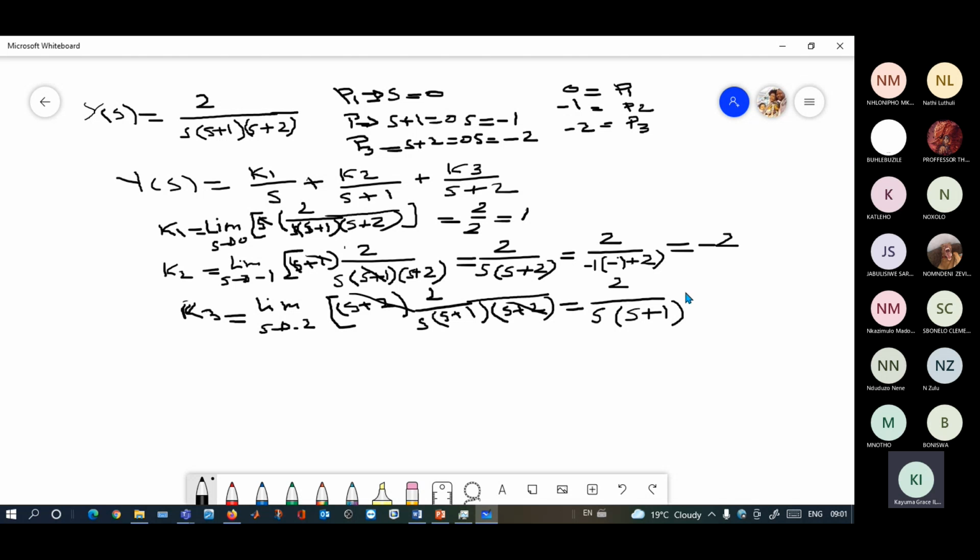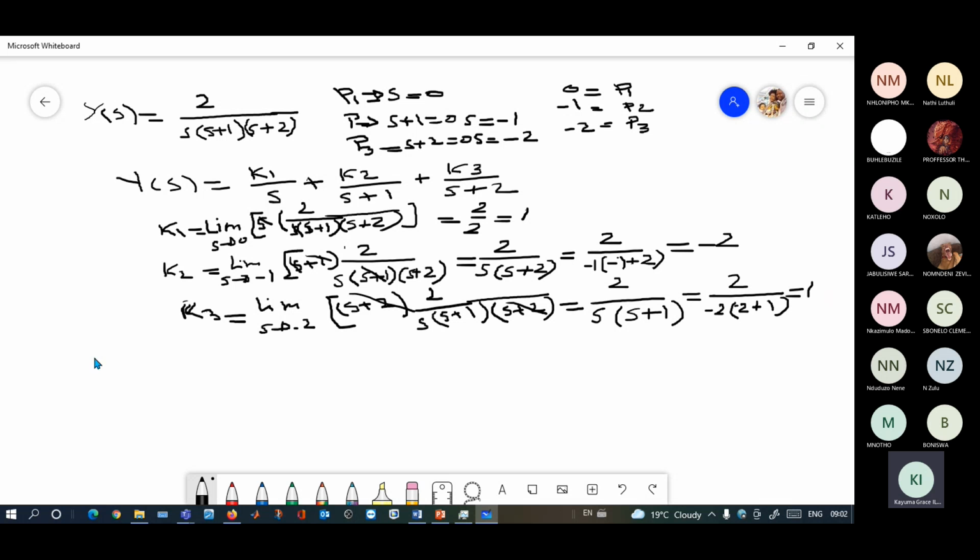Let's replace: we have 2 over minus 2 times (minus 2 plus 1). So this is minus 2, this one is minus 1, and minus 2 times minus 1 gives us 2. 2 over 2 gives us 1.